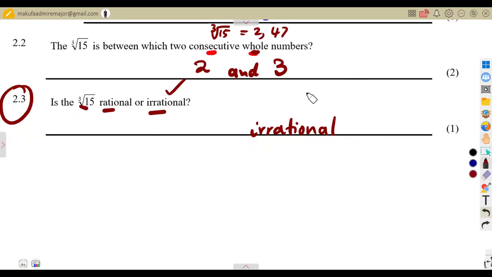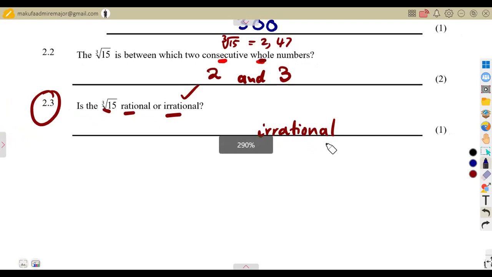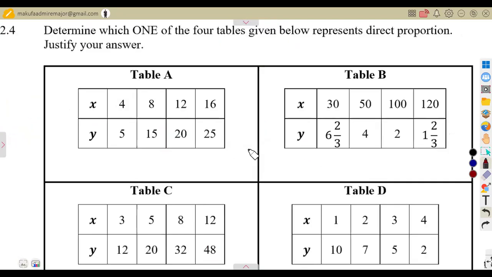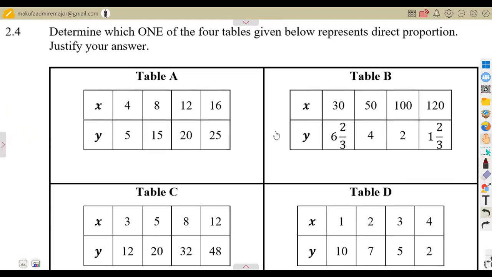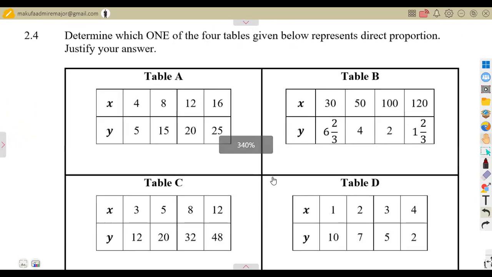So these are the typical questions that you are going to be given, and you need to relate to the information that you have calculated before. 2.4, we are given, determine which one of the 4 tables given below represents direct proportion?